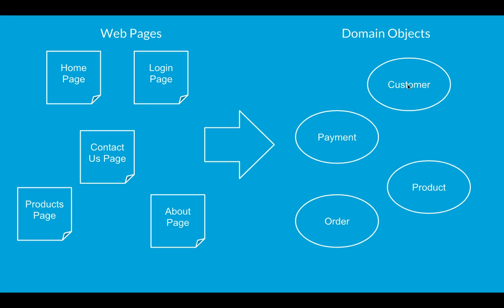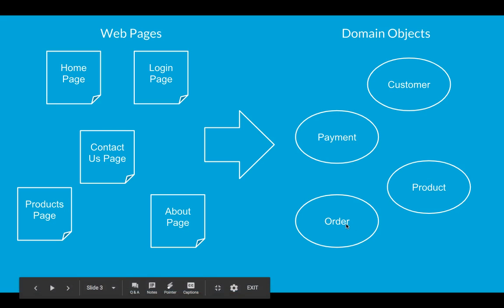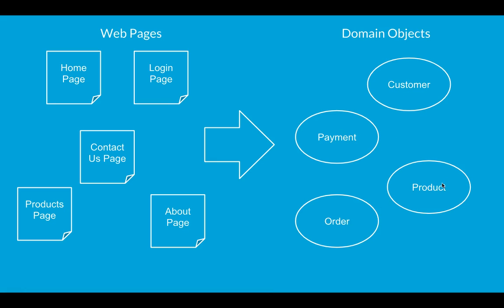For example, a customer is purchasing a product, and products are added to an order, and a customer makes a payment for an order, which consists of products, and you work out those relationships. And based on building out and defining this data model or this domain model, you work that out first.